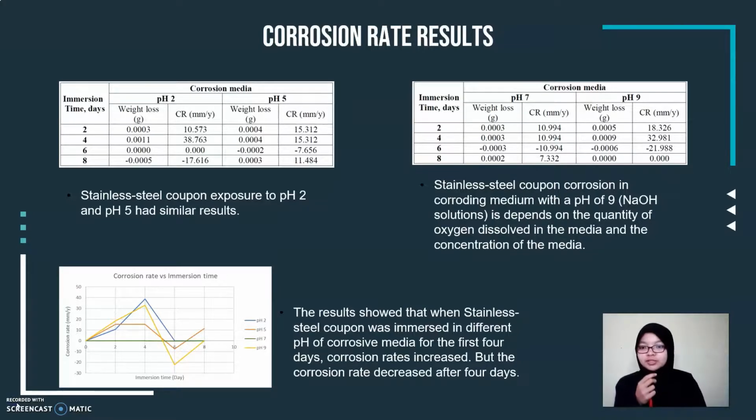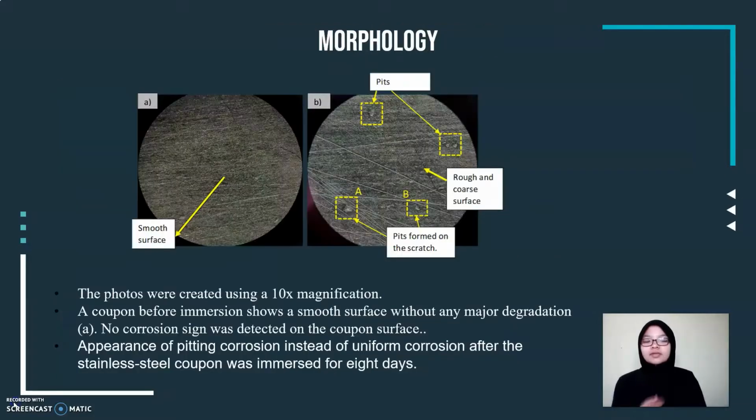Obtained for corrosion rate versus immersion time, the results show that when the stainless steel coupon was immersed in different pH of corrosive media, for the first 4 days corrosion rates increased, but the corrosion rate decreased after 4 days. The figure shows the morphology surface of stainless steel before and after immersion in HCl for 8 days.